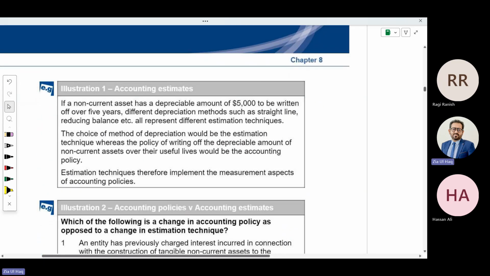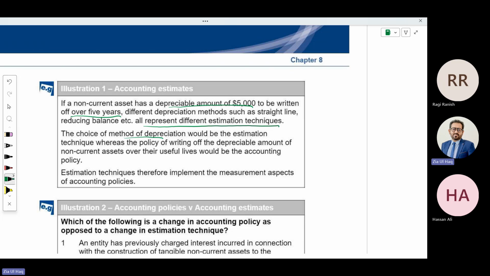Illustration 1. If a non-current asset has a depreciable amount of 5,000 to be written off over 5 years, different depreciation methods such as straight line, reducing balance, etc., all represent different estimation techniques.